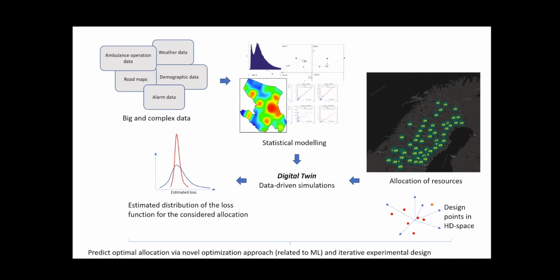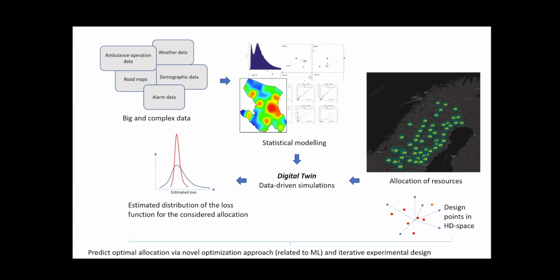This is actually a very old problem, going back 70 years or something like that. But today we have completely different tools, and in addition we have very different data. Within this project, a collaboration with all the regions in northern Sweden, we have all the alarm data for the last 10 years, and they are very detailed.